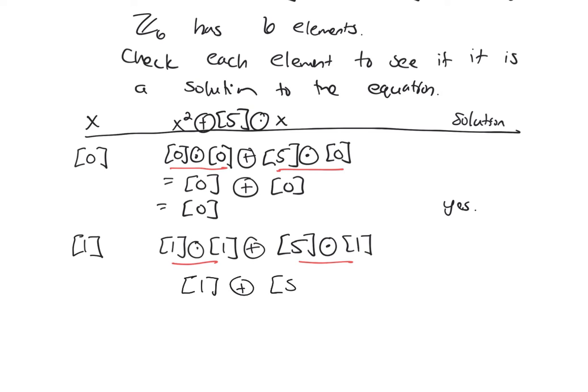Here I get 5. 1 plus 5 is 6, which is the same thing as 0, because we're working in Z6. So this is also going to be a solution.